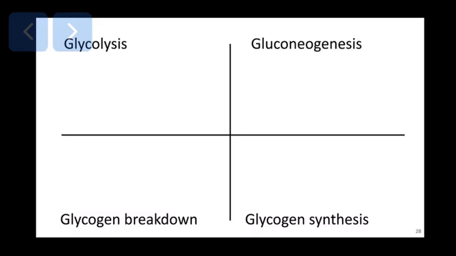All right, so thinking about a liver cell, how could you rank the pathways in terms of priority? What's a liver cell going to be doing? What's the first thing it's going to try and do versus what's the last thing that it's going to try and do?